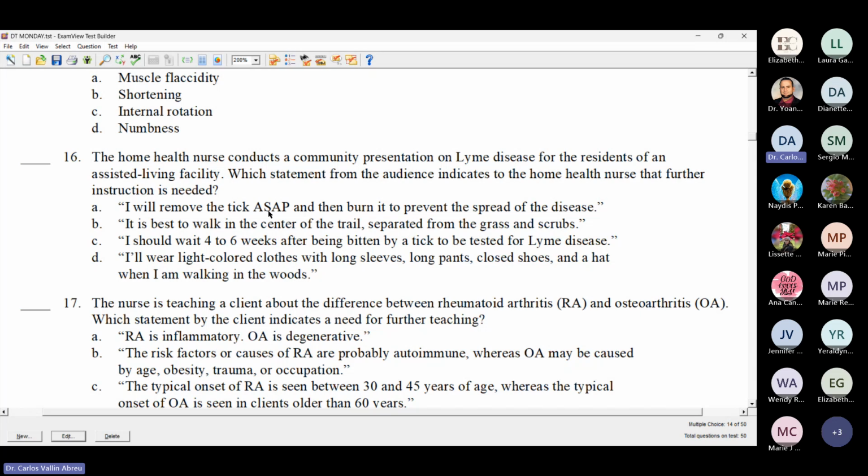So the primary prevention is not allowing the tick to bite you. How do you avoid the tick biting you? Wear clothing that covers you completely: long pants tucked inside the socks and long sleeves. Use light colors because the dark colors attract the ticks.